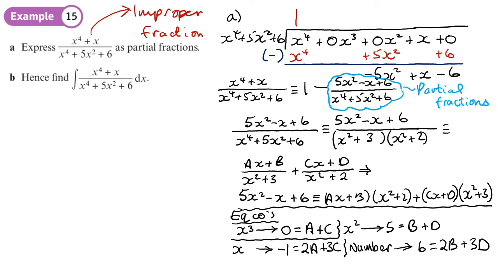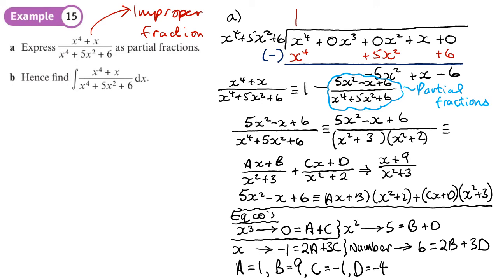Now I'm going to be real lazy and get my calculator to solve these simultaneously. So from the calculator I'll get a equals 1, b equals 9, c equals -1 and d equals -4. If I now plug that in, a is 1, so I'll have x plus 9 over x squared plus 3.